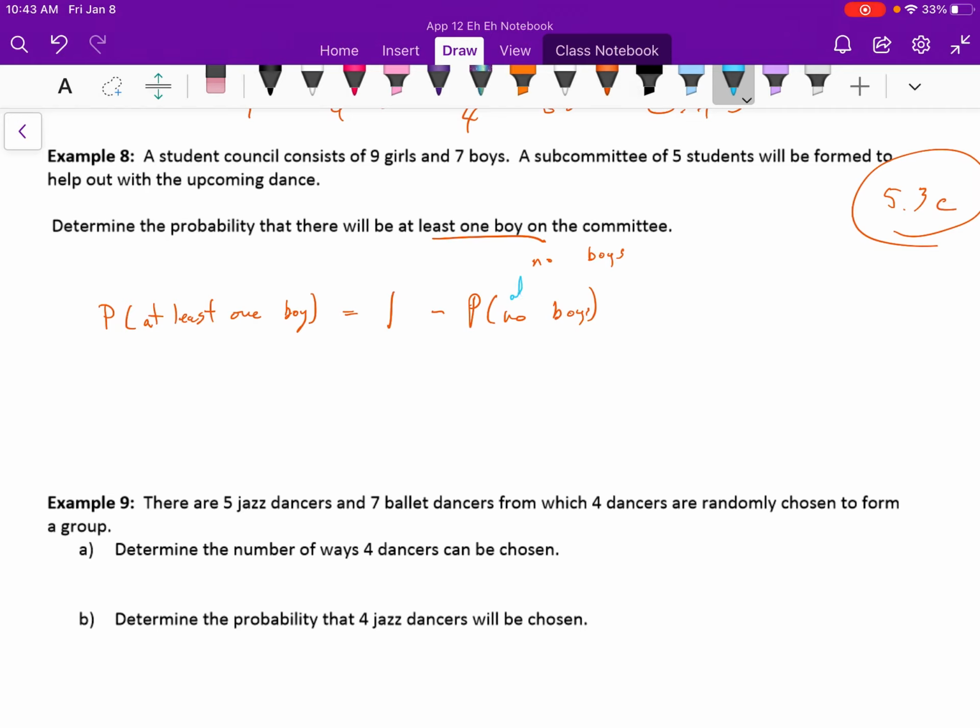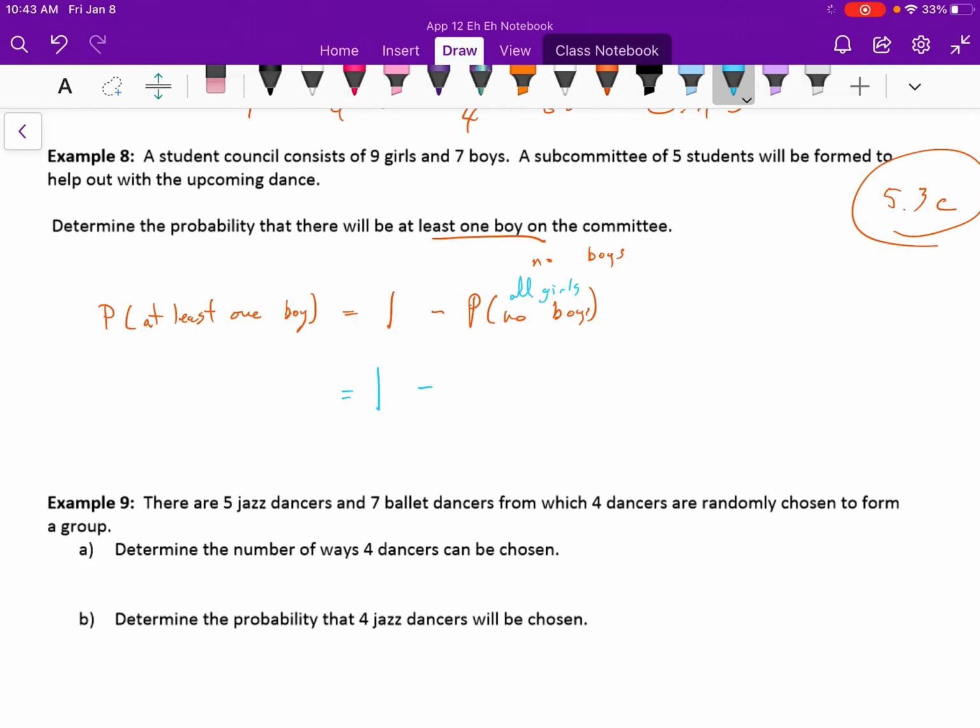Now, having no boys, what do I mean? All girls. Those two things are the same thing. Having no boys, all girls, that's fair enough, right? So here, I'm just going to say 1 minus the probability of having all girls.